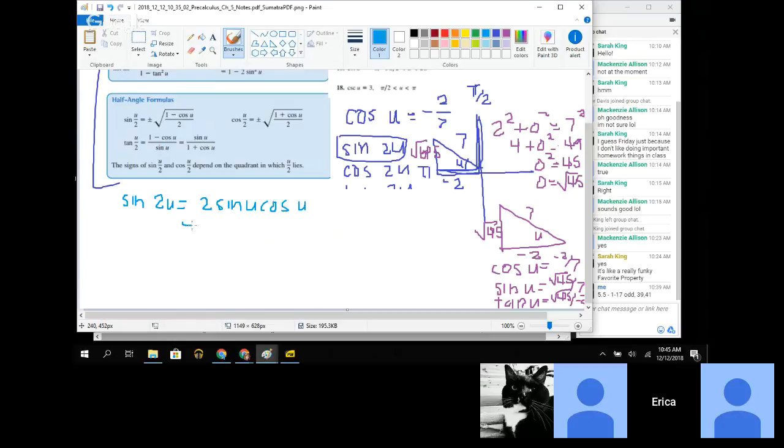The sine of u is square root of 45 over 7, and the cosine of u is negative 2 over 7. So if I multiply this all out, I get negative 4 square root of 45 over 49. The sine of 2u is equal to that.